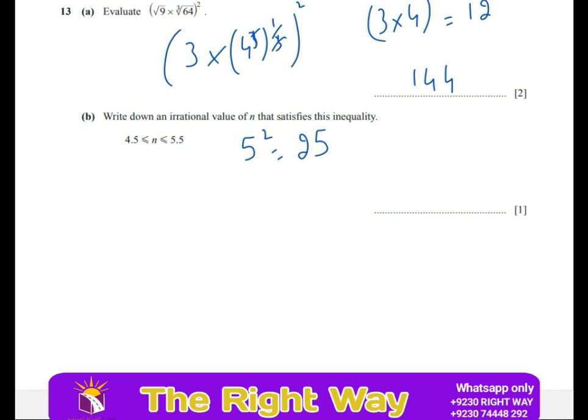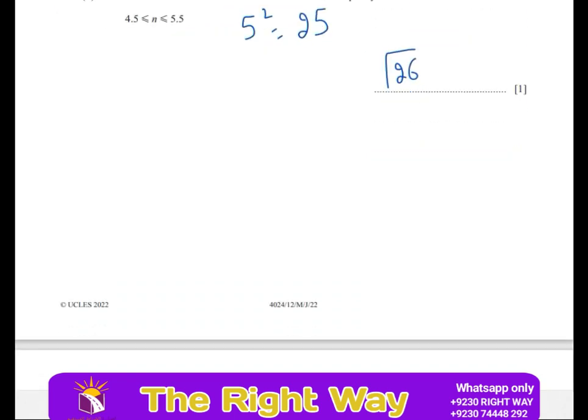So the irrational number between 4.5 and 5.5 will be under root 26, because under root 26 is equal to 5.0 something or 5.1. So it will be between 4.5 and 5.5. So under root 26 is the irrational number which satisfies the inequality.